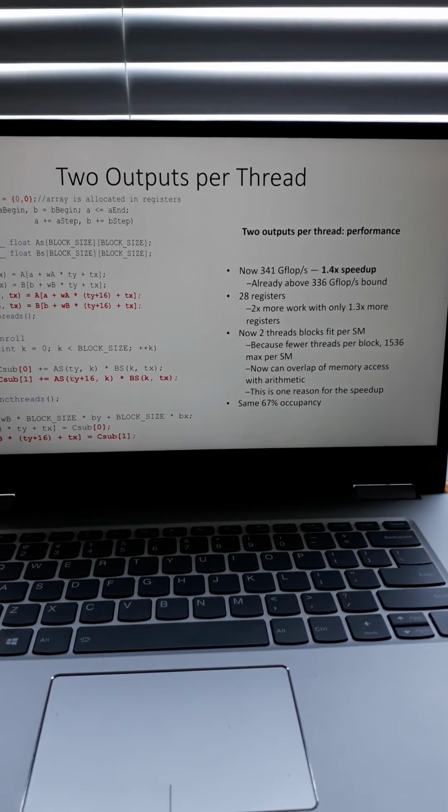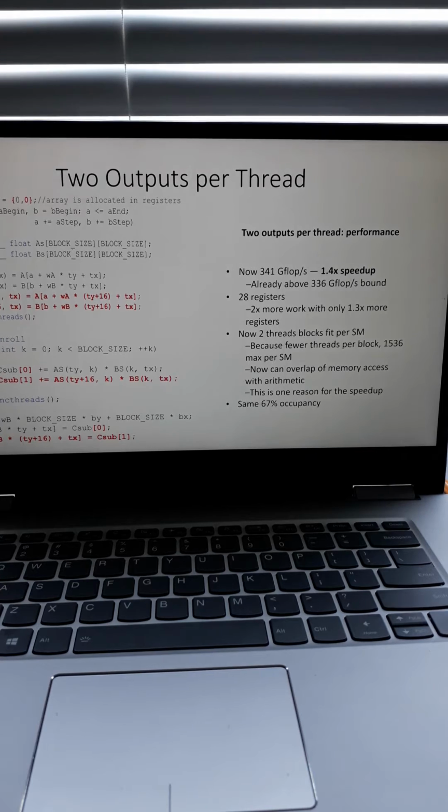There could be a third and fourth, where the value of C2 could be AS[ty plus 16][k] into BS[k][tx plus 16], and so on.